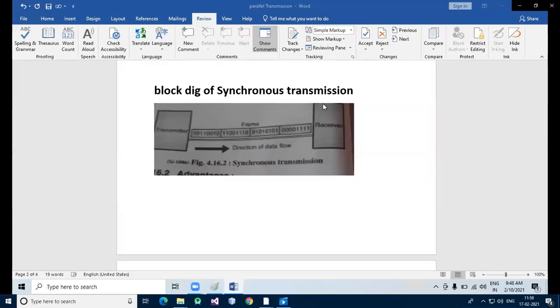So this is the comparison of synchronous and asynchronous. There is no need of synchronization in asynchronous transmission, and synchronization is required in synchronous transmission.